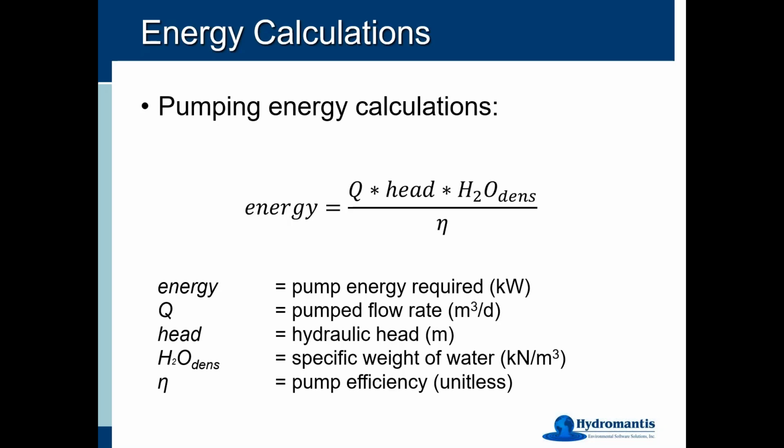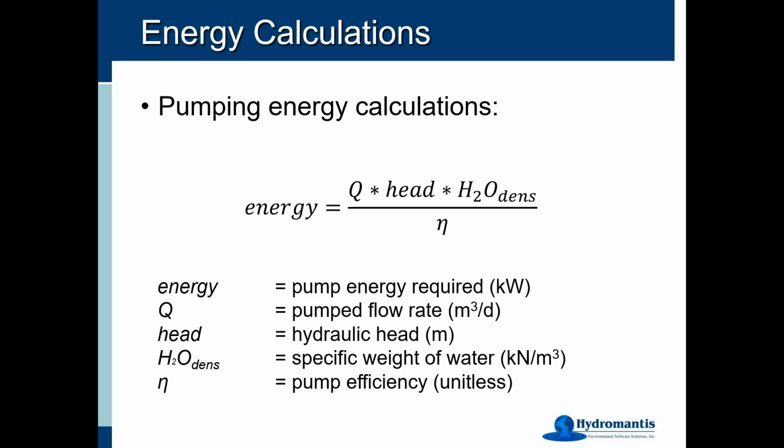But right now, this is the simple approach that we have available in all of the objects, where we take the flow rate times the head of water that we're pumping against times the density of water, and then we divide that by an overall pump efficiency, for which we generally have some default values of 0.6 and 0.7, 70%. And so that energy is then calculated, integrated over time and multiplied by the energy price and so on. So these are very simple, straightforward.